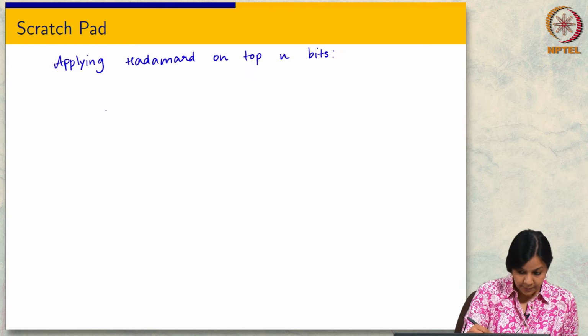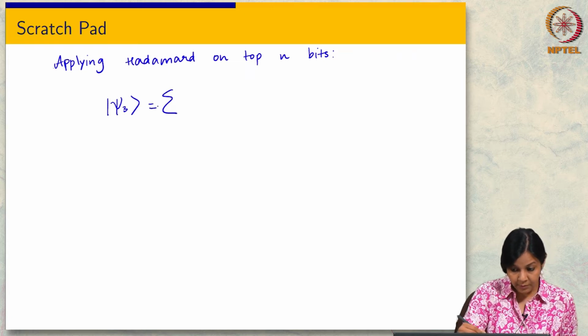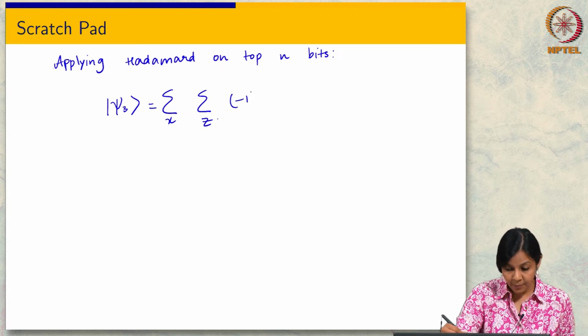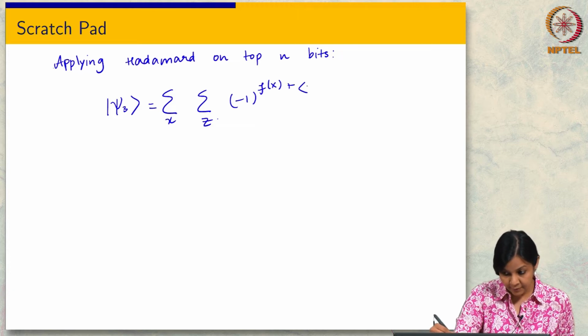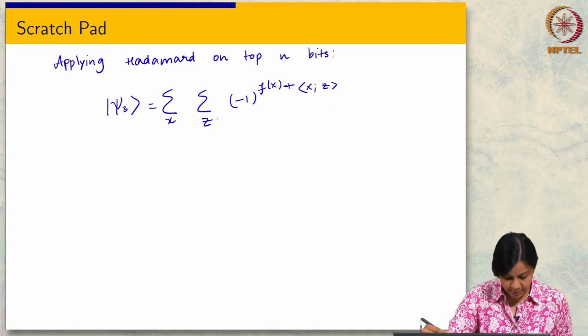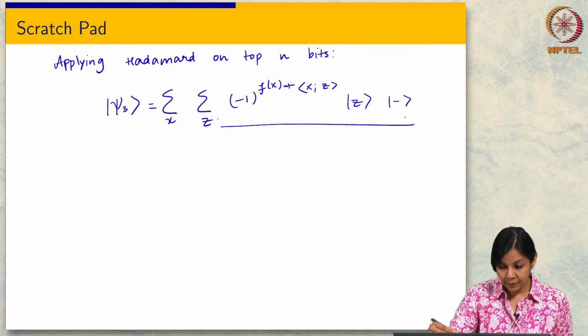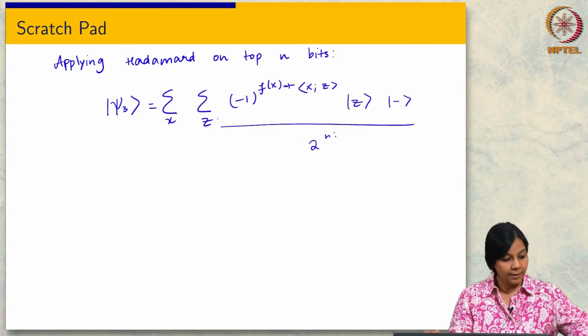We get psi 3 as the summation over x, summation now over z, of (-1)^(f(x) + x·z) |z>|->, over 2^n. Does everyone agree?